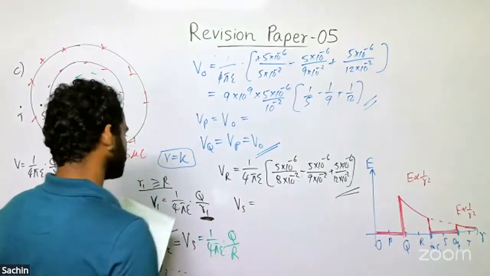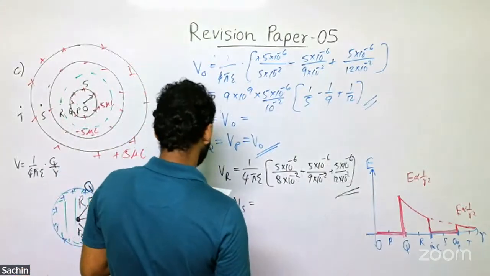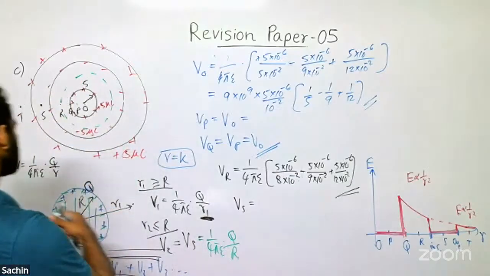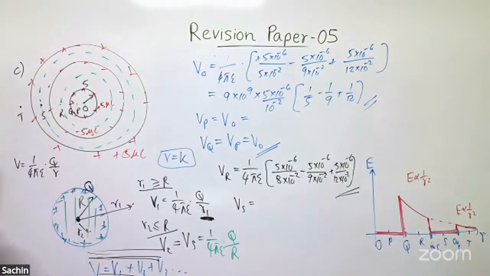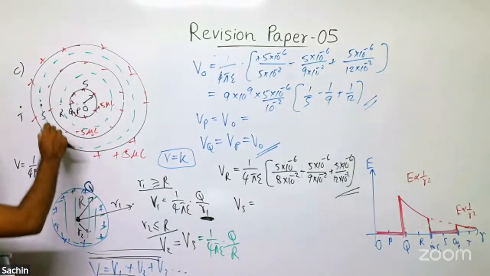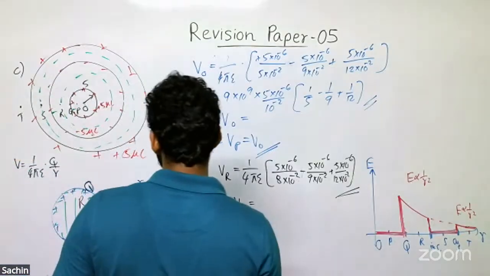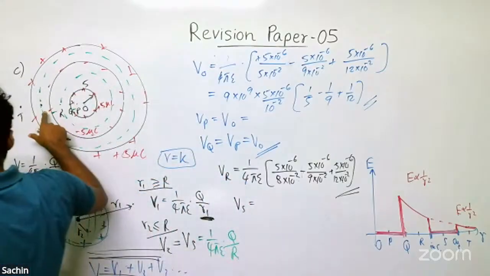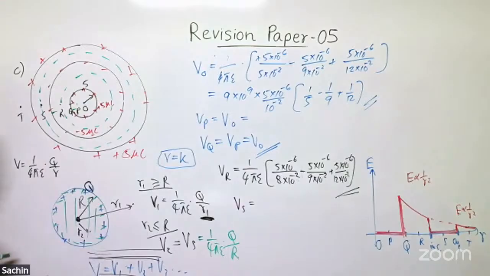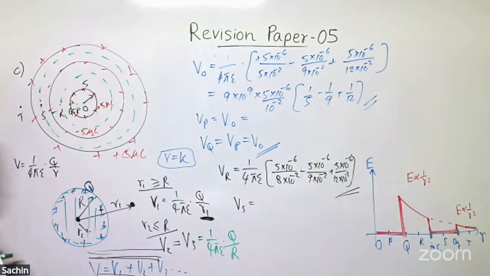Then Vs. Vs is the potential inside the conducting shell. So compared to point S, what should happen? Compared to the Gaussian surface drawn through the point, two charge distributions are inside. You can consider that both of them are at the center.